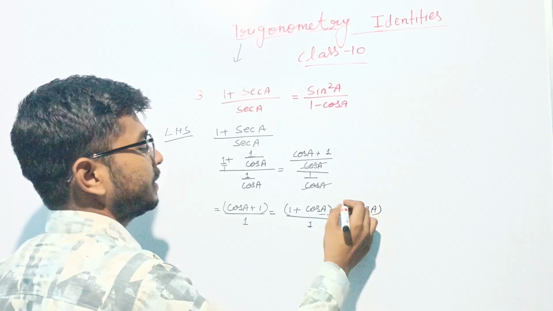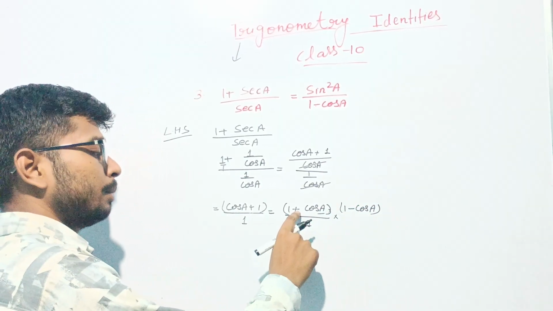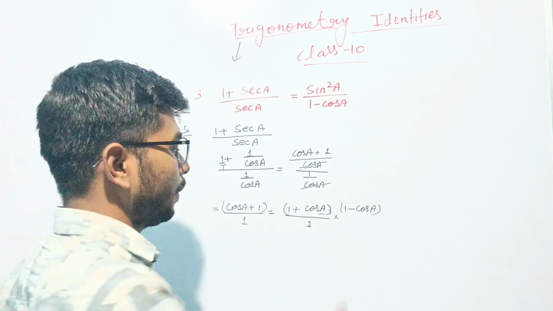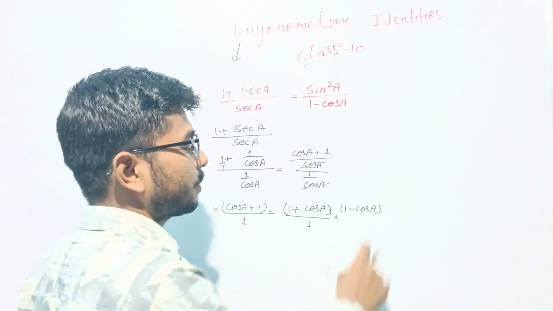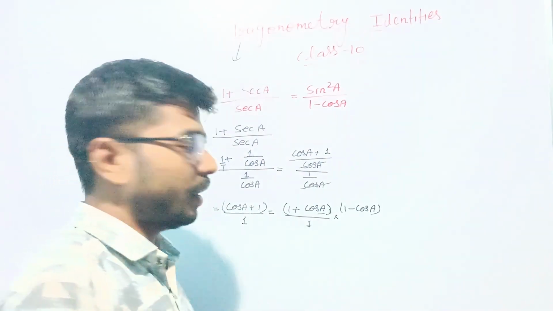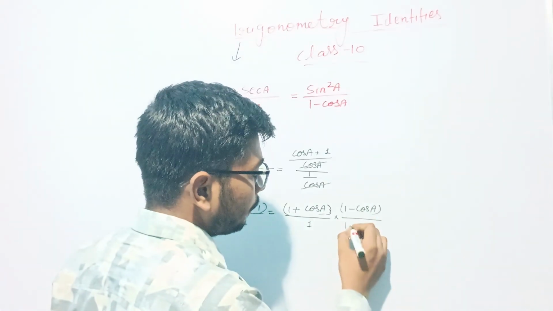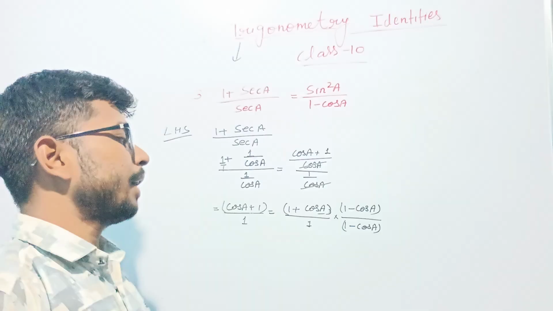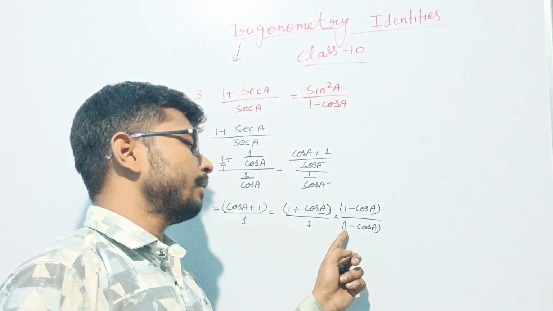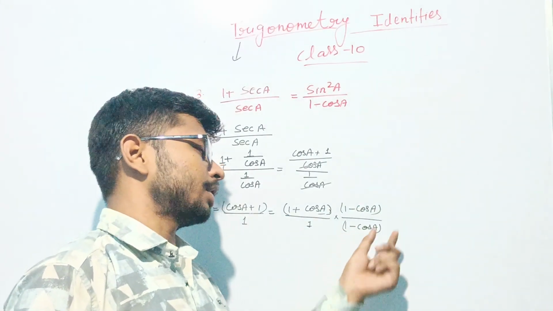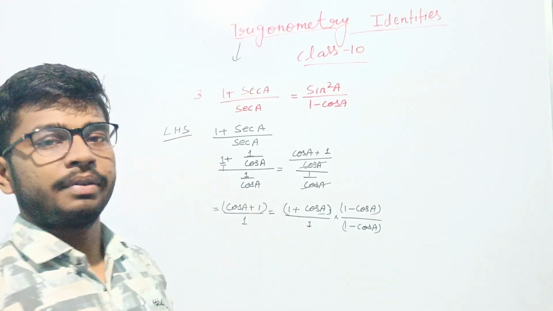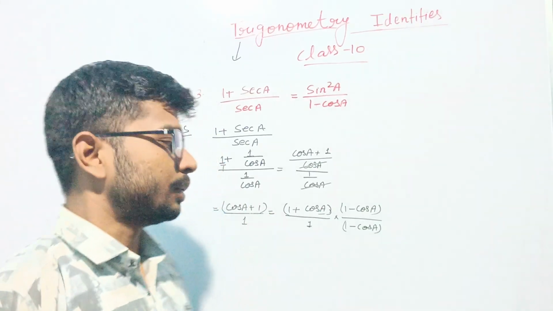Conjugate means just the same value with a minus sign in between. If you multiply by 1 minus cos a, you have to divide also by 1 minus cos a. So 1 minus cos a and 1 minus cos a will cut, and we will get the previous one. Let's do it further now.